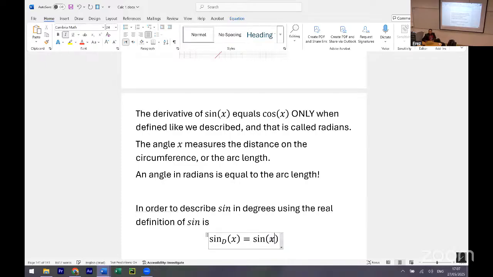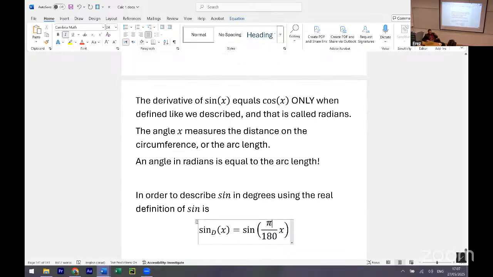If you know that you got degrees, then you need to divide by 180 and multiply by pi. That's the conversion rate, because a full circle is 360. Half a circle, you can think of it also as 2 pi over 360, if it helps. That's the conversion rate, the ratio between the two methods.